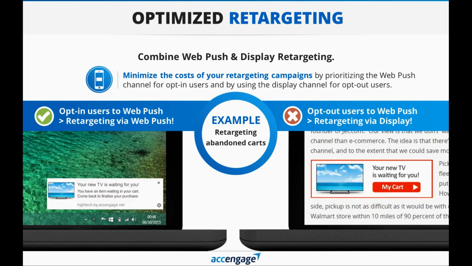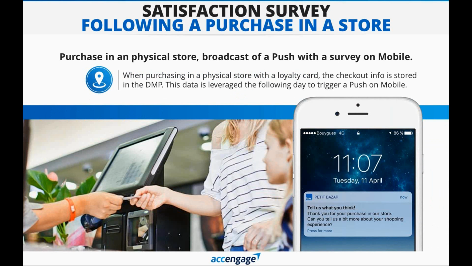For those who do not have web push, you of course have the display retargeting campaigns that you can leverage. All of that is viewed by the DMP, and all the data is captured by the DMP, which can then orchestrate this type of campaign.